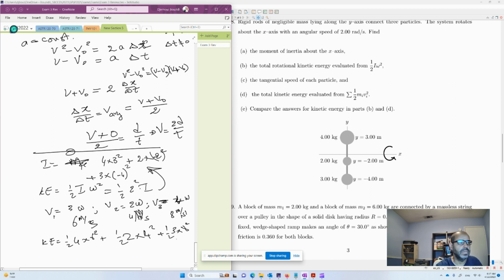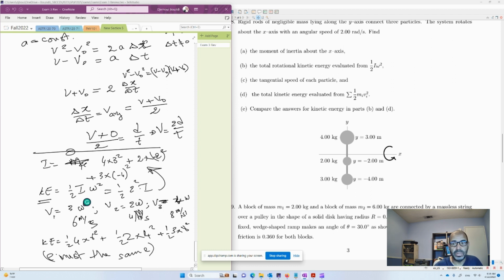So that's the kinetic energy. Remember, we computed the kinetic energy using 1/2 I omega squared. Now we're computing it in a different fashion, using 1/2 the mass times velocity squared for each individual particle, and we should find the same answer. So the answer to E is both answers must be the same. Okay.